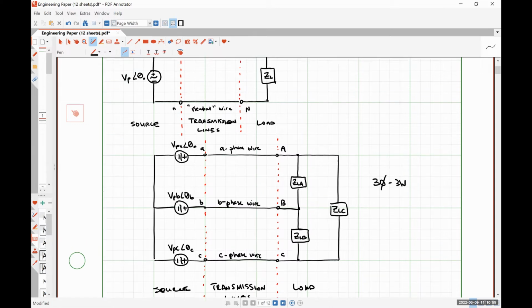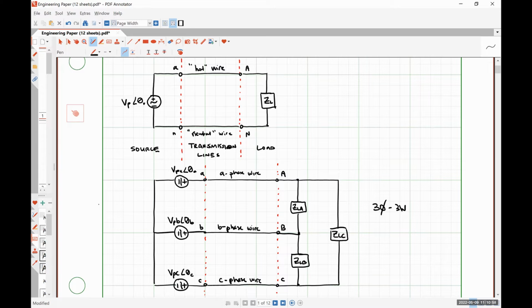So in our single-phase system, it takes two wires to deliver a fixed amount of power from our source to our load. Well, in a three-phase, three-wire system, it takes 1.5 times as many wires, because there's 3 transmission lines, to deliver 3 times as much power from the source to our load.